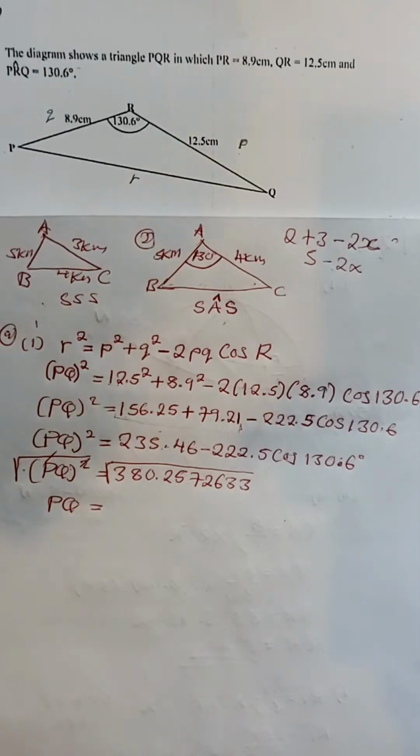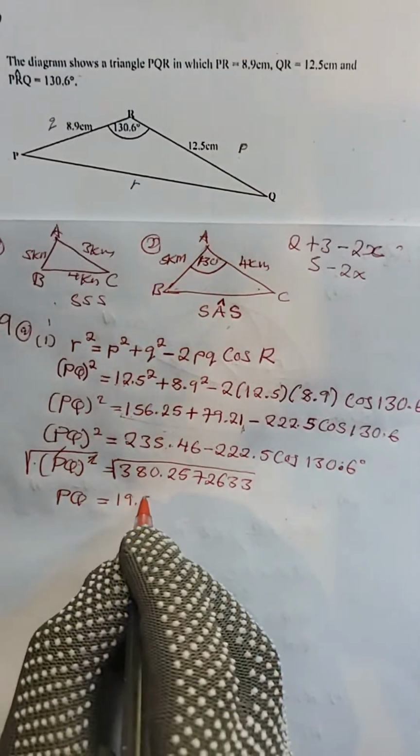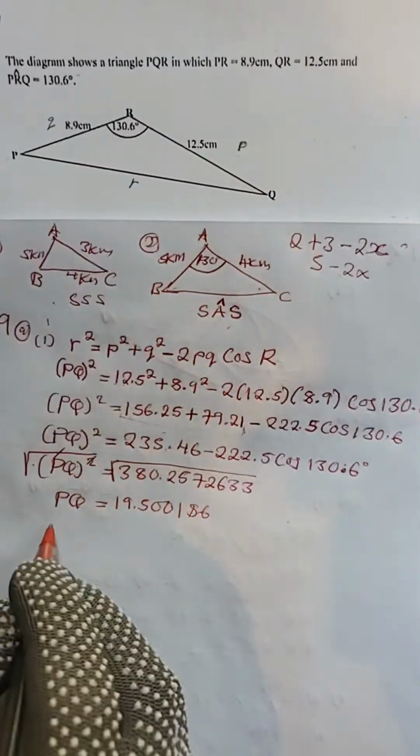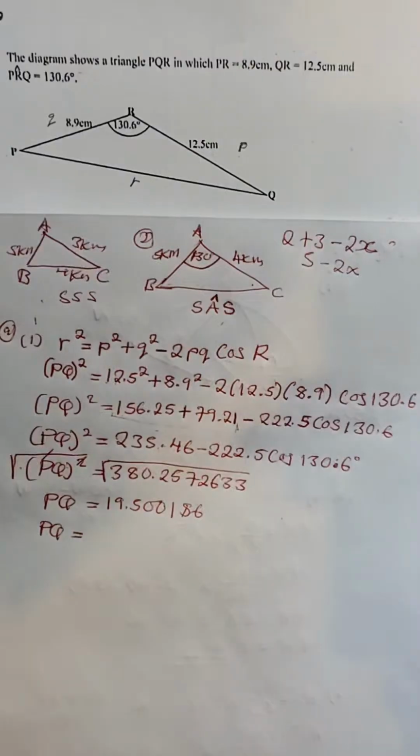This is giving me 19.500186. Remember, we are not told to leave our answer to any degree of accuracy. We are just asked to calculate.